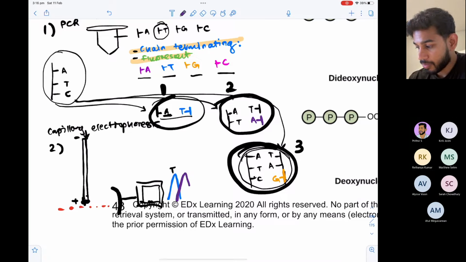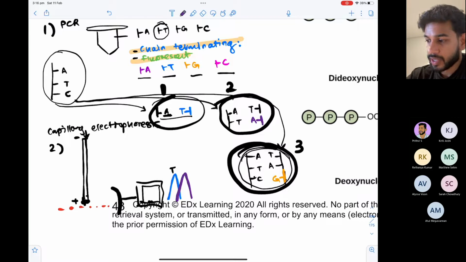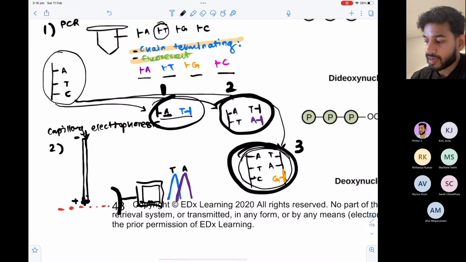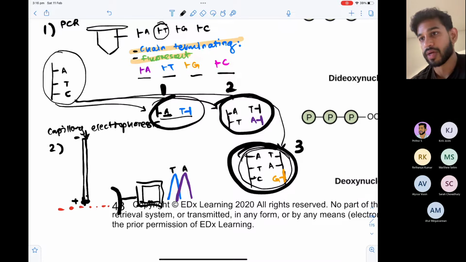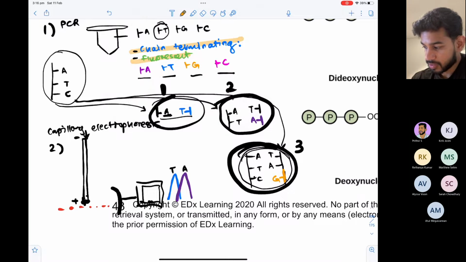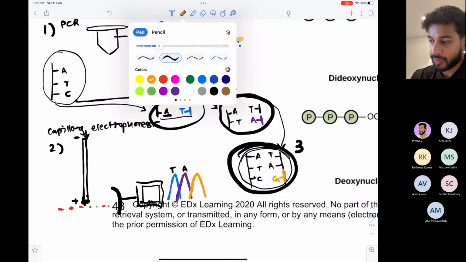So you'll see a purple jump on that chromatogram, and the computer is programmed to pick up purple as adenine. And then finally, Sarah, what's the heaviest fragment that will reach the end of that capillary tube last? Fragment 3. Good, right? And what color will it fluoresce? Orange. Good. And the computer is programmed to pick that up as guanine.